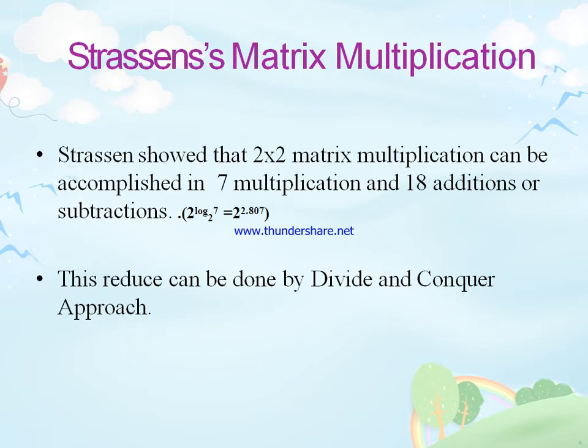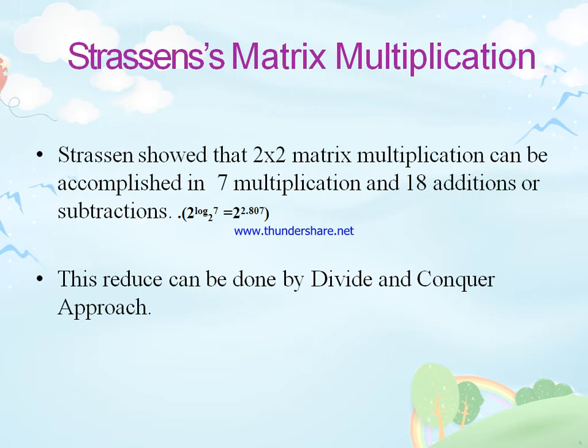This is the normal matrix multiplication time complexity when we represent it using recursion. Next, how can we reduce this time complexity? Coming to the divide and conquer approach of matrix multiplication using Strassen's. Strassen showed that 2 by 2 matrix multiplication can be accomplished in 7 multiplications and 18 additions or subtractions.